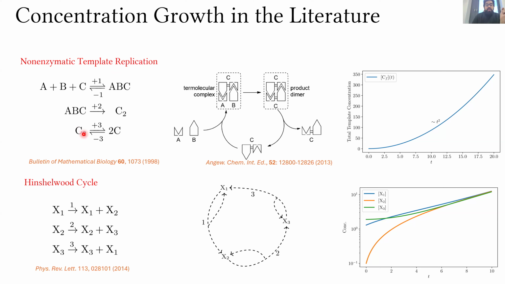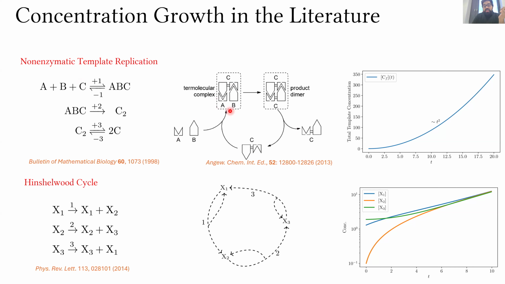One example of where people have looked at this is non-enzymatic template replication. That's a very fancy name for saying that you have a template molecule, which is written as C here, and you have precursors A and B. There is an autocatalytic reaction in which the template replicates itself.